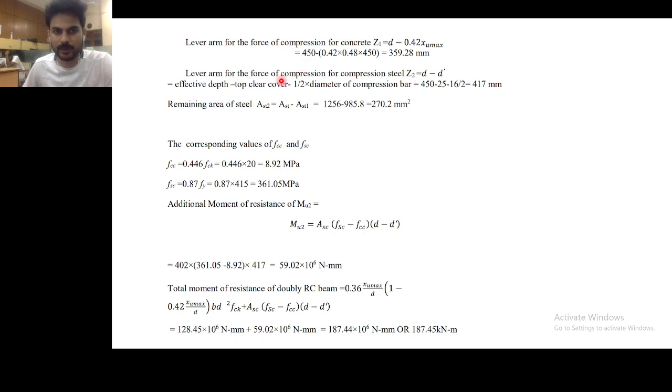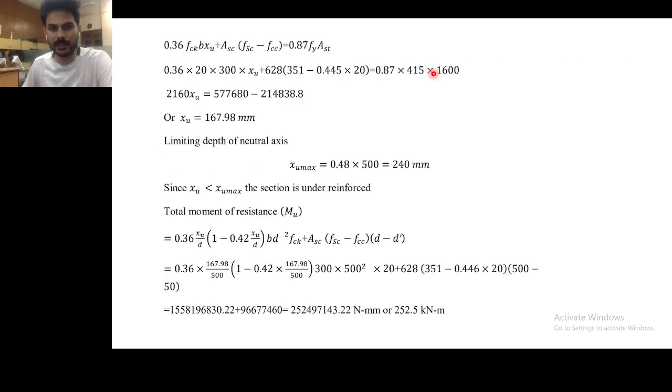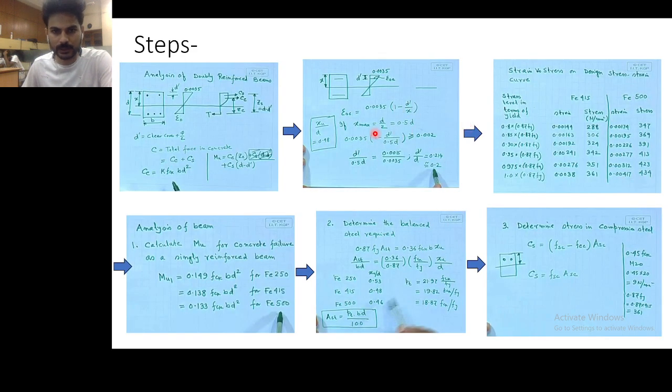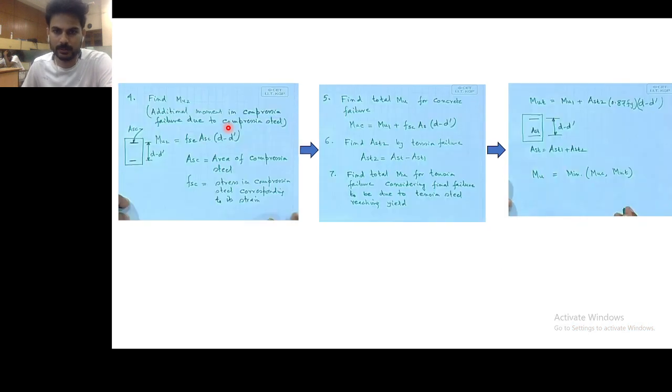And the lever arm for the force of compression for the compression steel, because of the extra steel we have provided in the compression zone, is D minus D dash. I will show you that in the slides we have already discussed. You can see here, ZS is D minus D dash, which is the lever arm for the CS, the extra steel provided, and ZC is the normal lever arm, D minus 0.42 XU max.